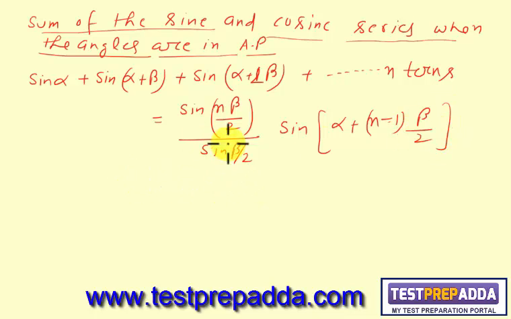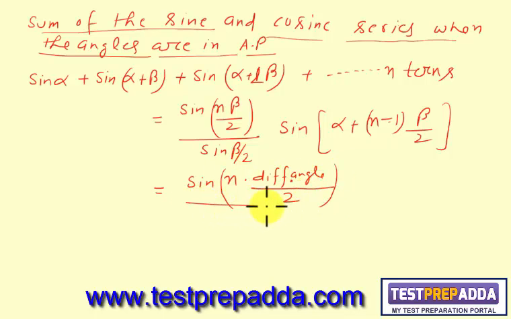And this can also be written in this form, like sine n times difference of angle by 2 upon, beta is what? Difference.